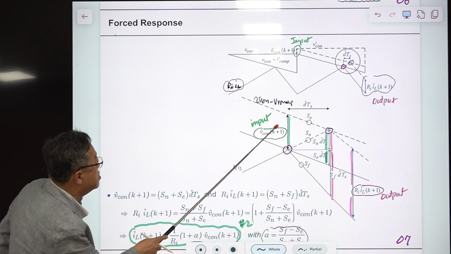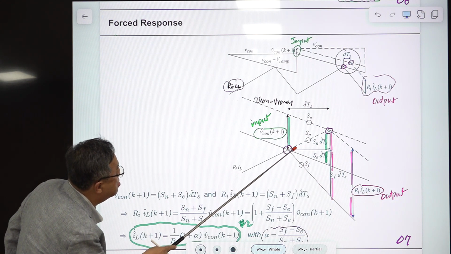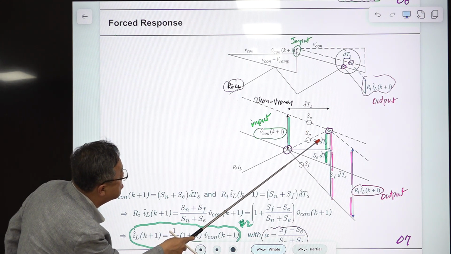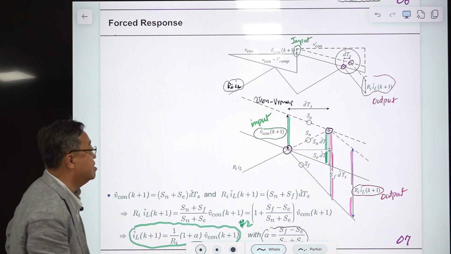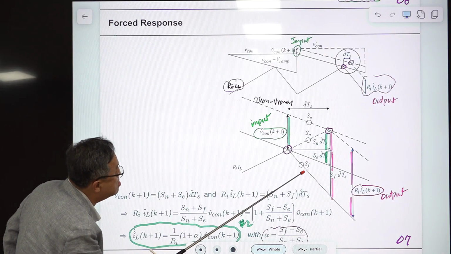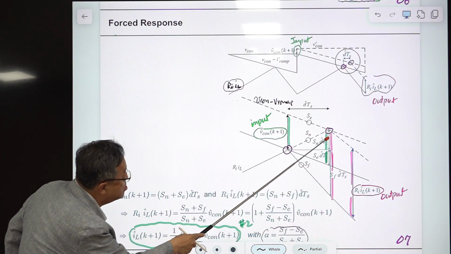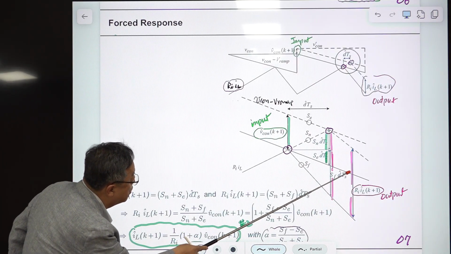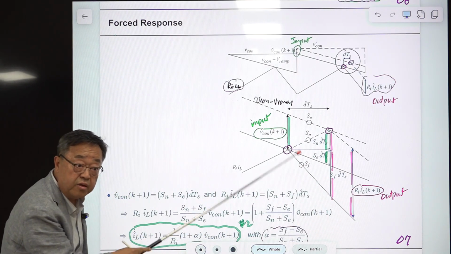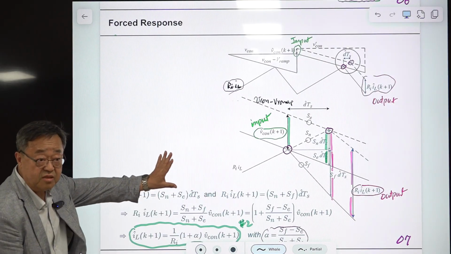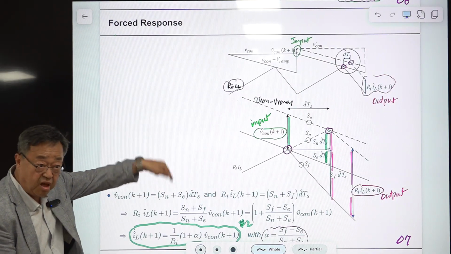Oh, okay. This length is Sn times d Ts plus Sc times d Ts. Okay, and this length is Sf times d Ts plus Sc times d Ts. This plus this becomes this one. This plus this becomes this one. Okay, easy to see. I spent some time to color this.